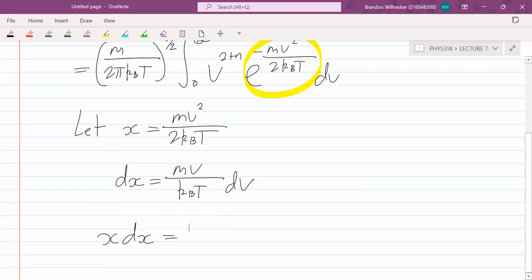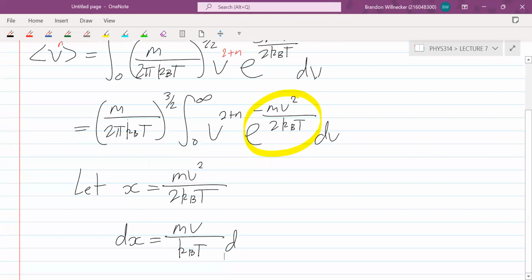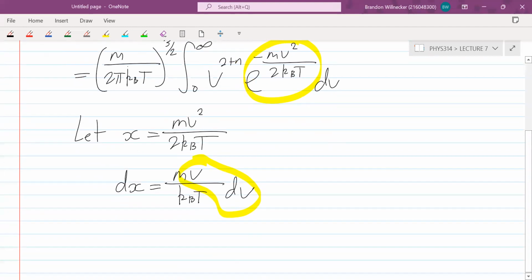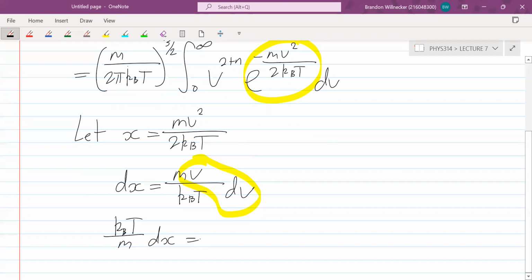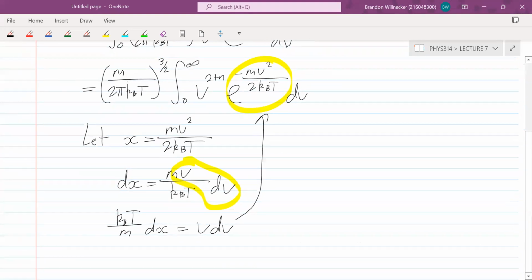So we're going to take one of the v's out. We got v to the 2 plus n, we take one of them out, and that's going to match with this v dv over here. So kbt over m dx is equal to v dv, and we're going to substitute that in.